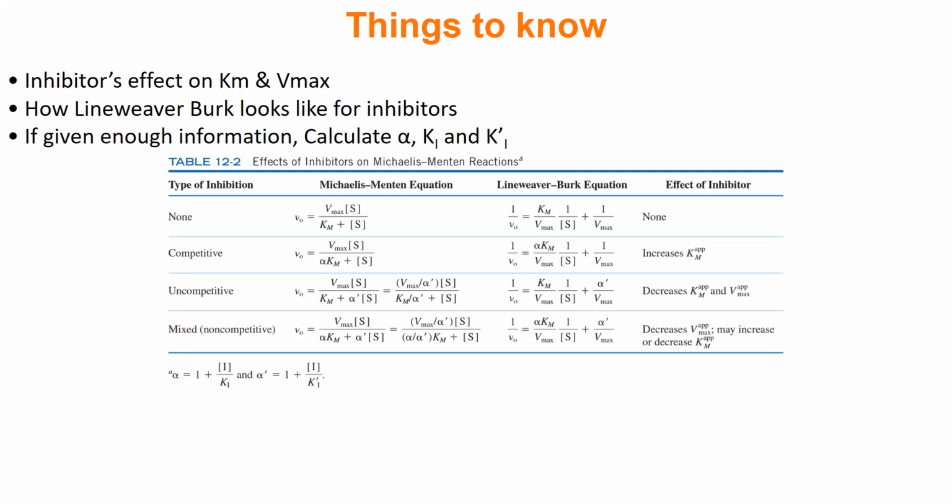And we'll get some practice on this on Wednesday. We should be able to calculate alpha, Ki, and Ki prime. This table is a very nice table to study from, as it tells you how everything's going to change with our three types of inhibitors, and also no inhibition.